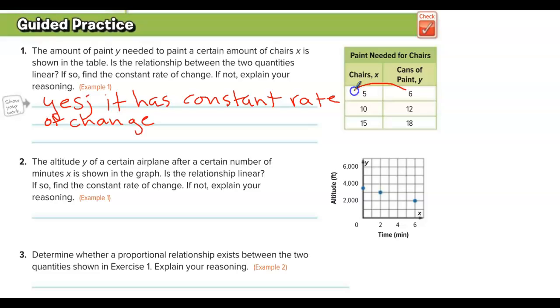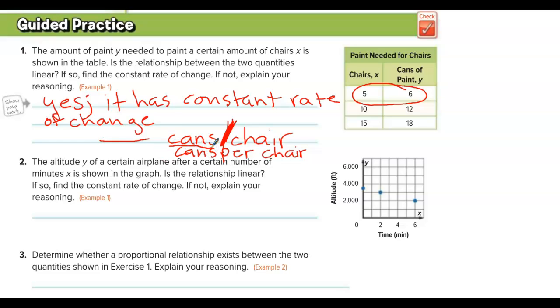So if I look at this, cans per chair, you can also write it, adding in words, cans per chair. What does this remind you of, though, if you use this slash bar? Where do you see that in math? Division. A fraction.